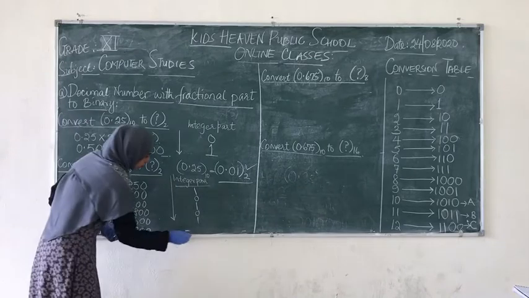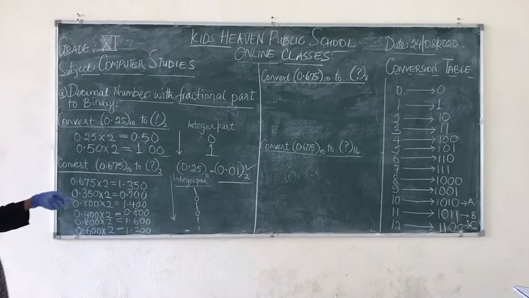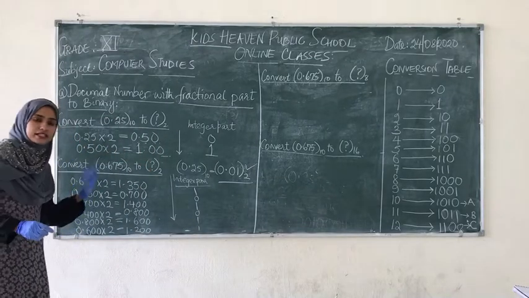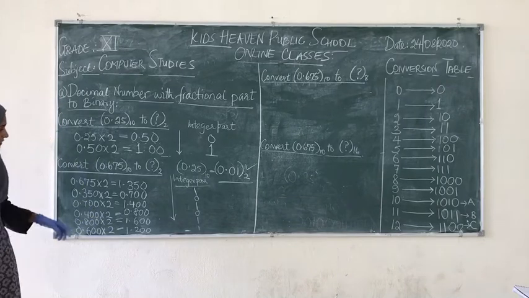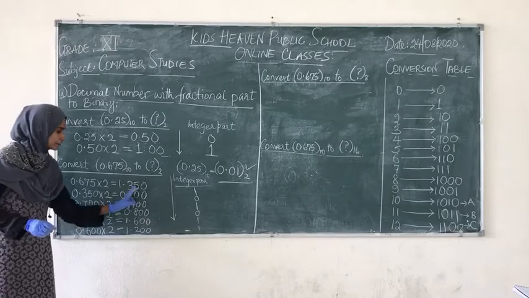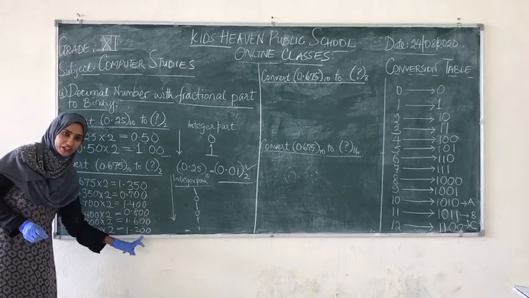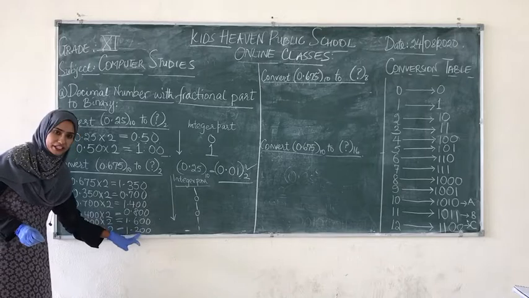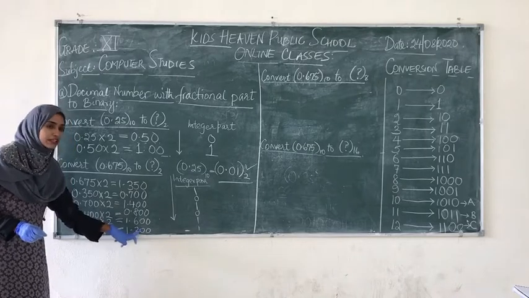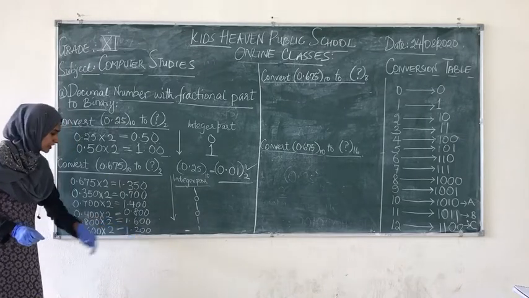The integer part here is a 1. Now have you observed? We are continuously multiplying. We have not yet stopped. Why? Because up till now we have not achieved a 0 in the fractional part, and neither has any of the number been repeated. Okay? So we will still continue with this multiplication.